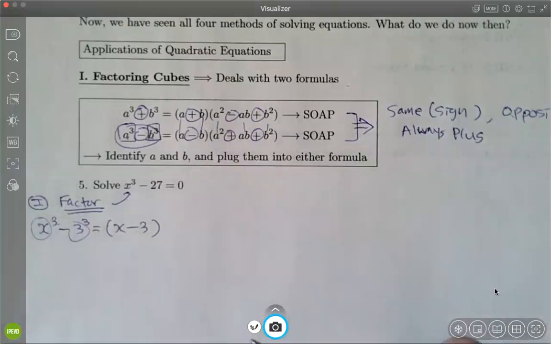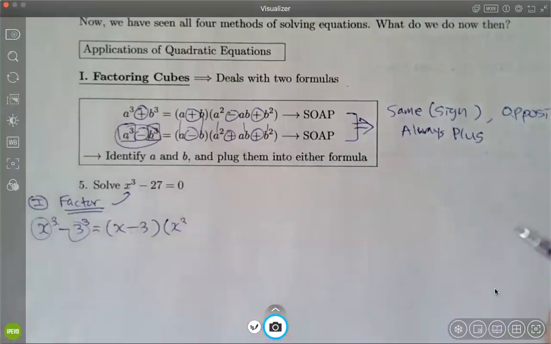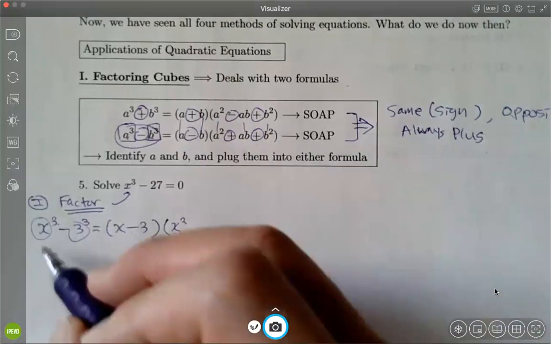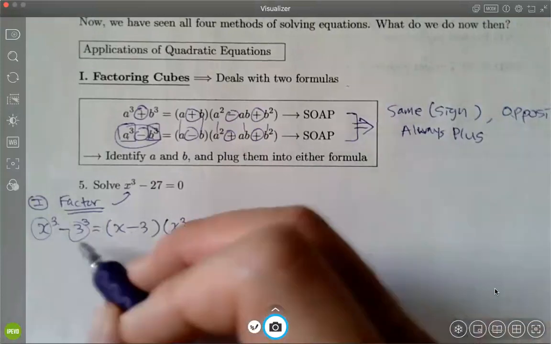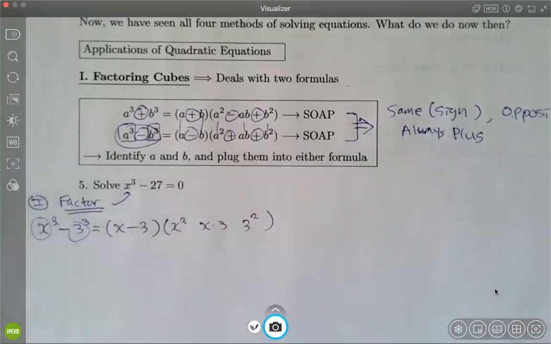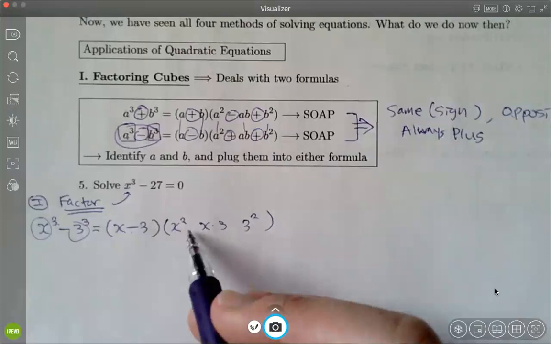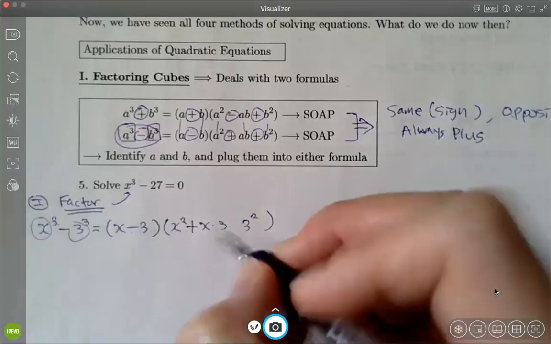The second factor says x squared, which is a squared, and then ab, so that's x times 3, and then b squared, which is 3 squared. To fill in the signs, it's the same sign, then we have to opposite it, so that means plus, and then always plus, so that's also plus here.